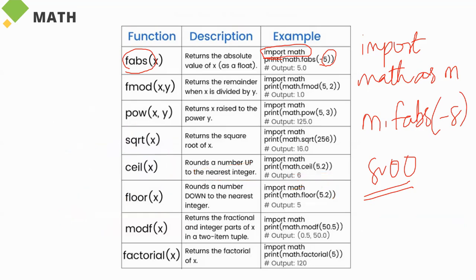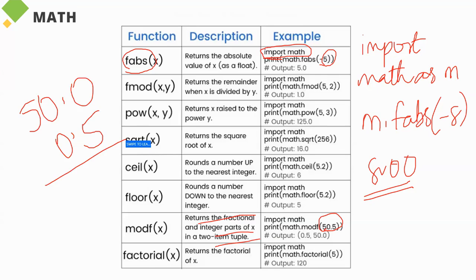modf returns the fractional and integer parts as a two-item tuple, like 50.5. So 50.5 with modf gives 50.0 and 0.5, right? So this is rounding up fractional and integer parts.